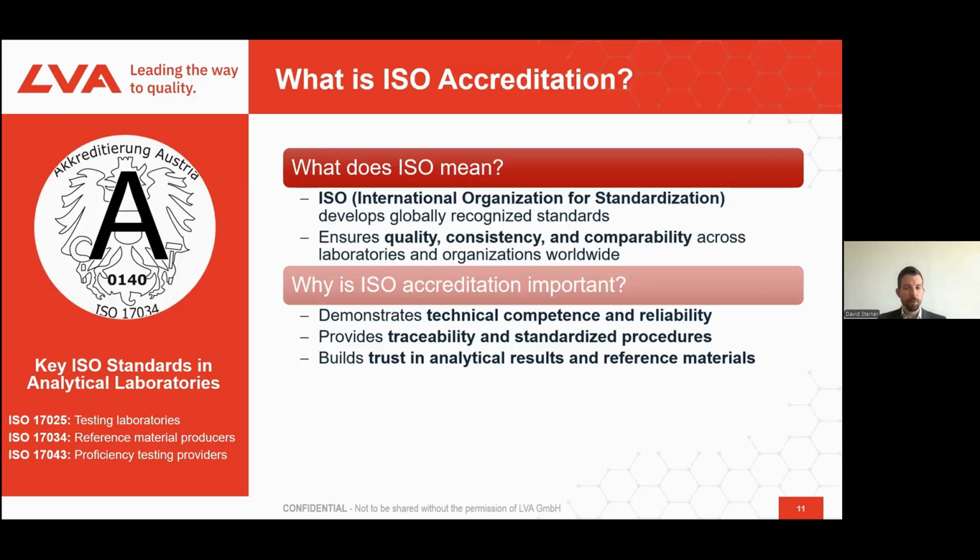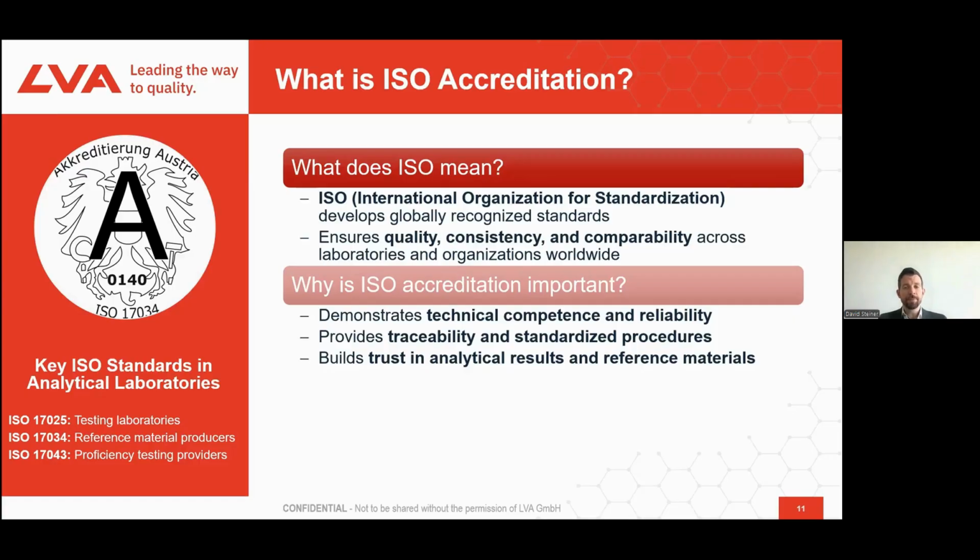and reliable way. On this slide, you can see an example of such an accreditation certificate issued by the Austrian accreditation body. This is the official recognition that LVA meets the requirements of a respective ISO standard, in this case ISO 17034. In other words, LVA is an accredited organization and an accredited reference material producer.